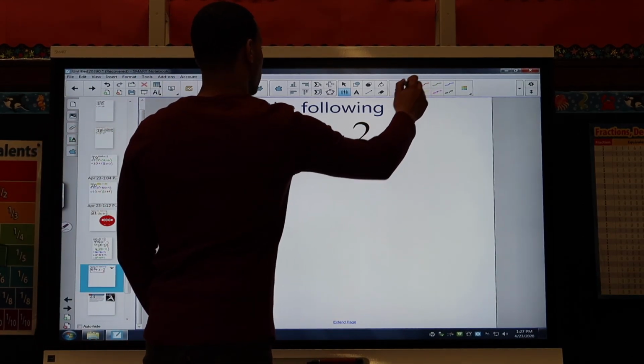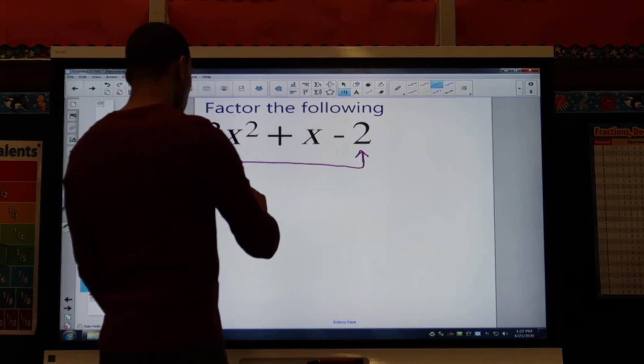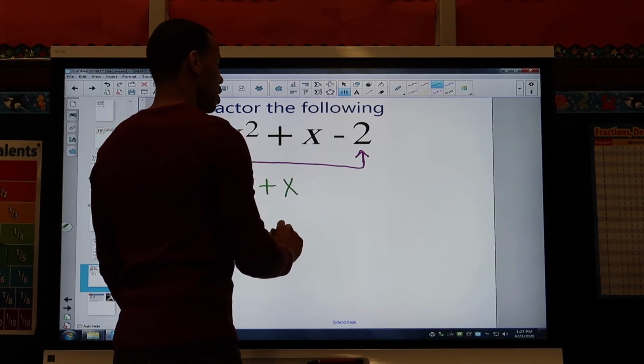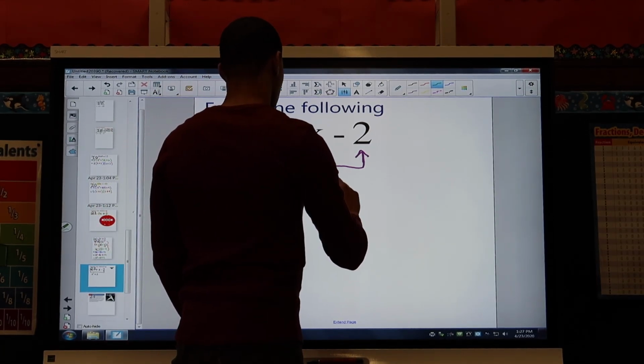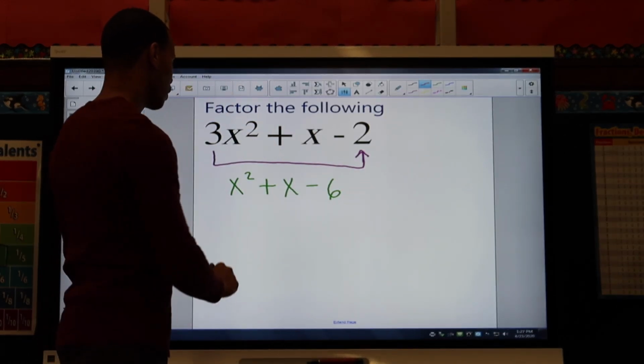So now we have x squared plus x minus x, right? Now I'm going to factor this out.